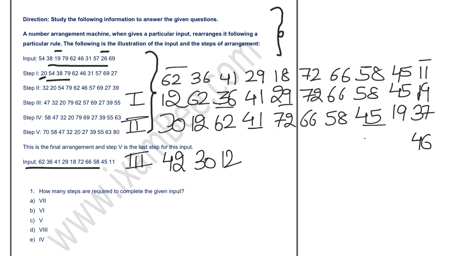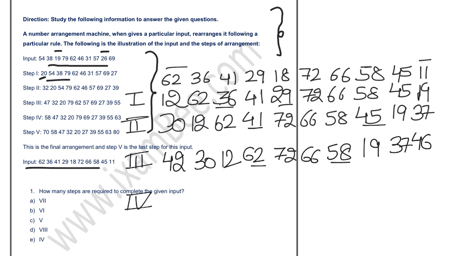Similarly your 19 and 37 will shift over here and the rest of the numbers are as they are. Your next numbers are 58 and 62. So you can write the fourth step accordingly. So your fourth step will become 59 over here and 63 in the end and the rest of the numbers will remain as they are.